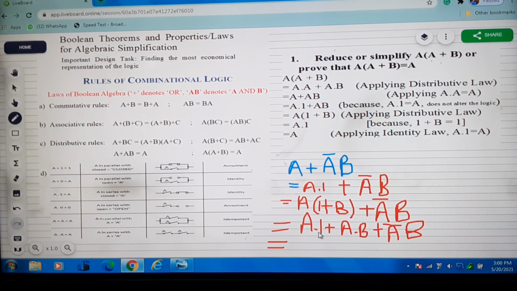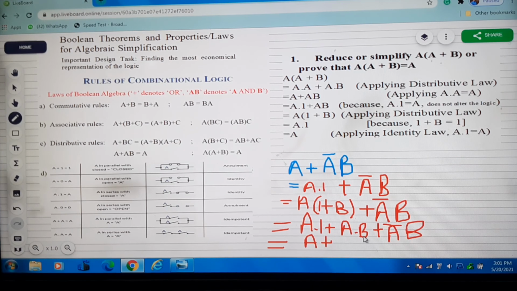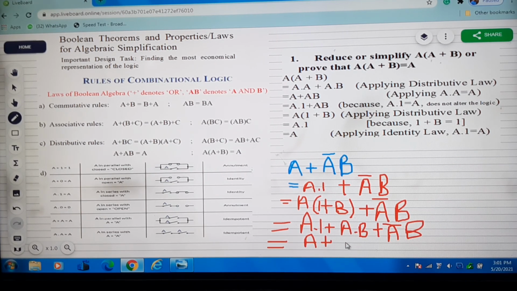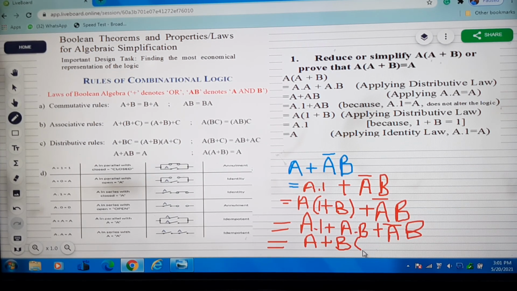We will write A dot 1 as A by using this identity AND law, plus here we will factor out B using the distributive property, and we can write it as A plus A bar.